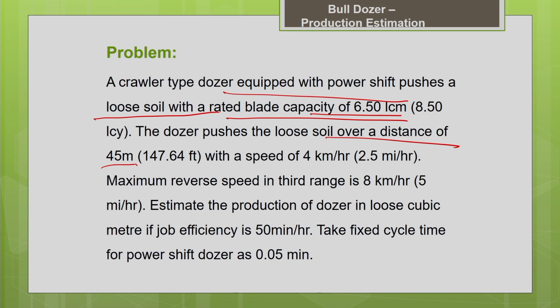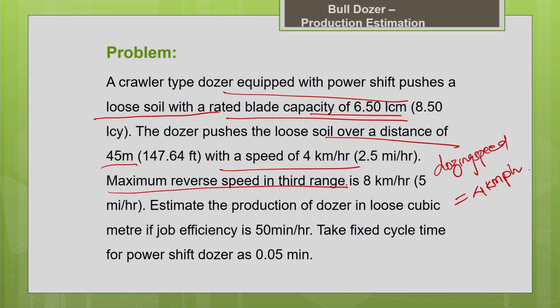So the dozing distance is given as 45 meter, and the dozing speed is given as 4 km per hour, and the maximum reverse speed in the third range is 8 km per hour.